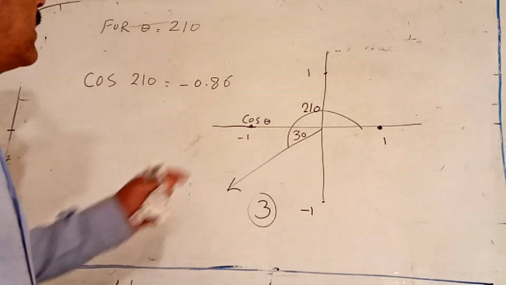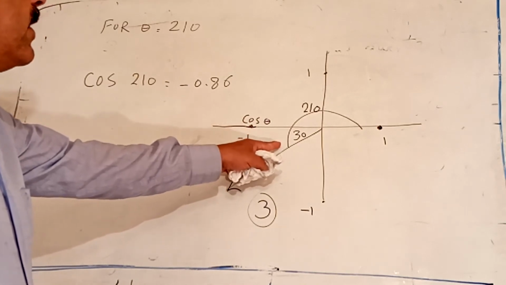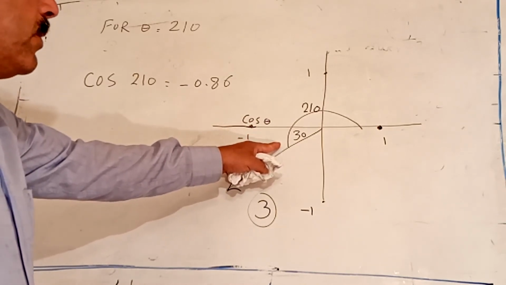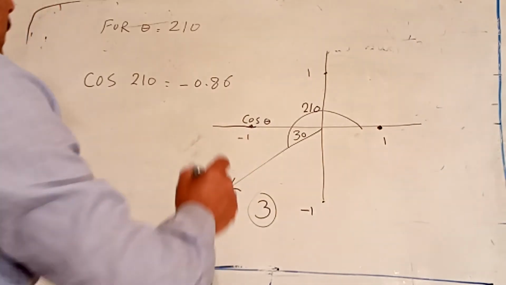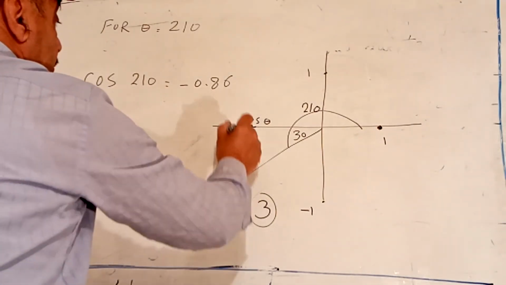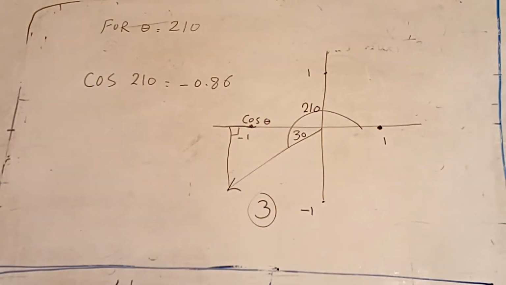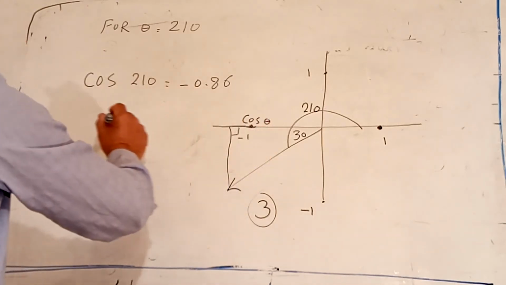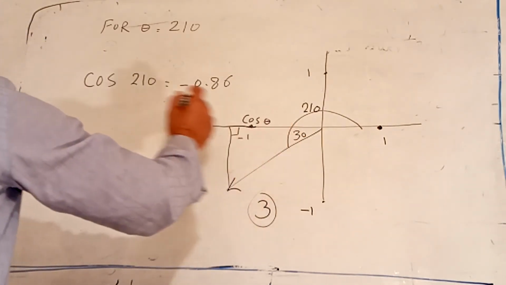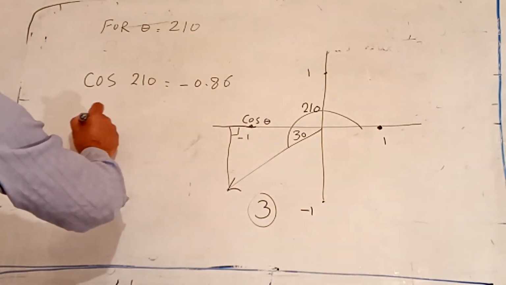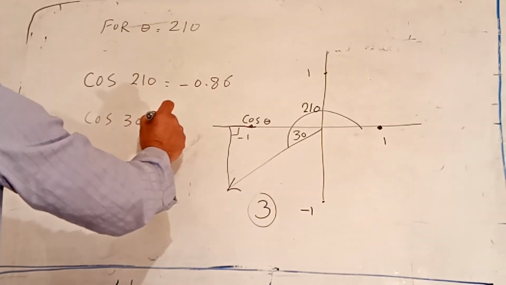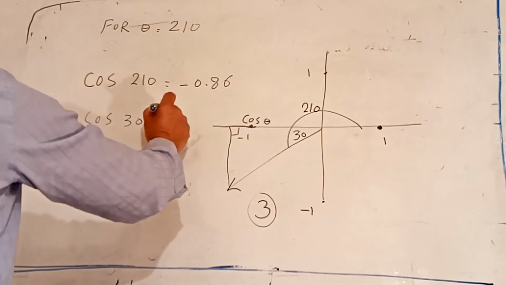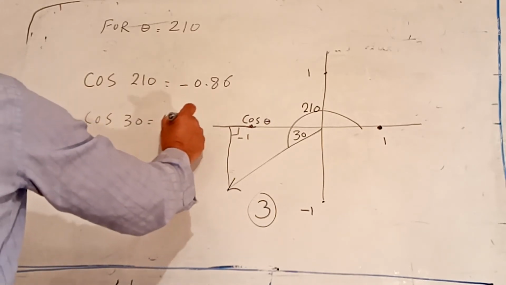Wow, isn't this the same thing as cosine 30? The adjacent to 30, if you take a look at it, this is the hypotenuse, this is the right angle. So this is the adjacent to the angle theta. So I can say this is cosine theta, which theta? Theta 30. Is it that cosine 30 equal to 0.86 again? That's true. If you calculate it.